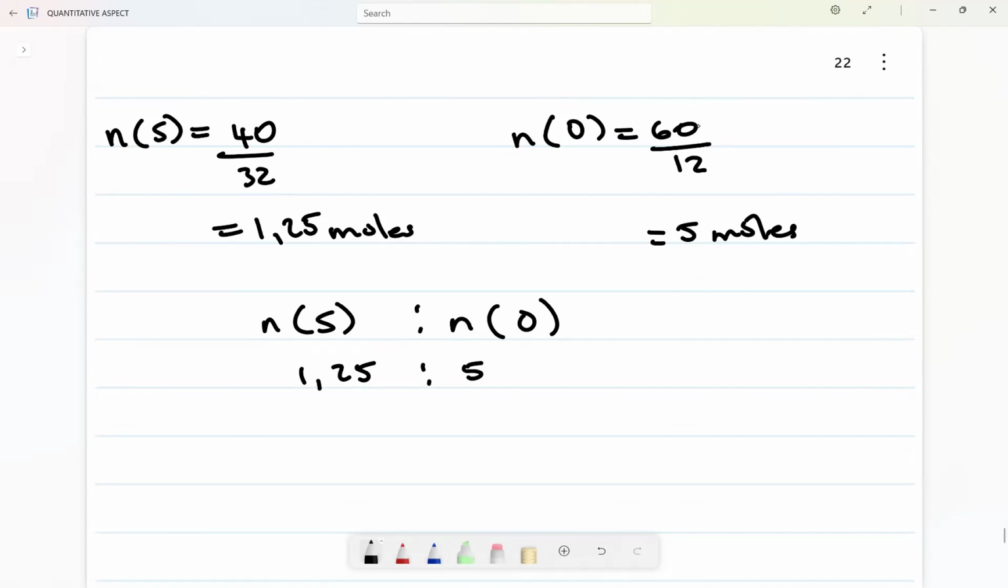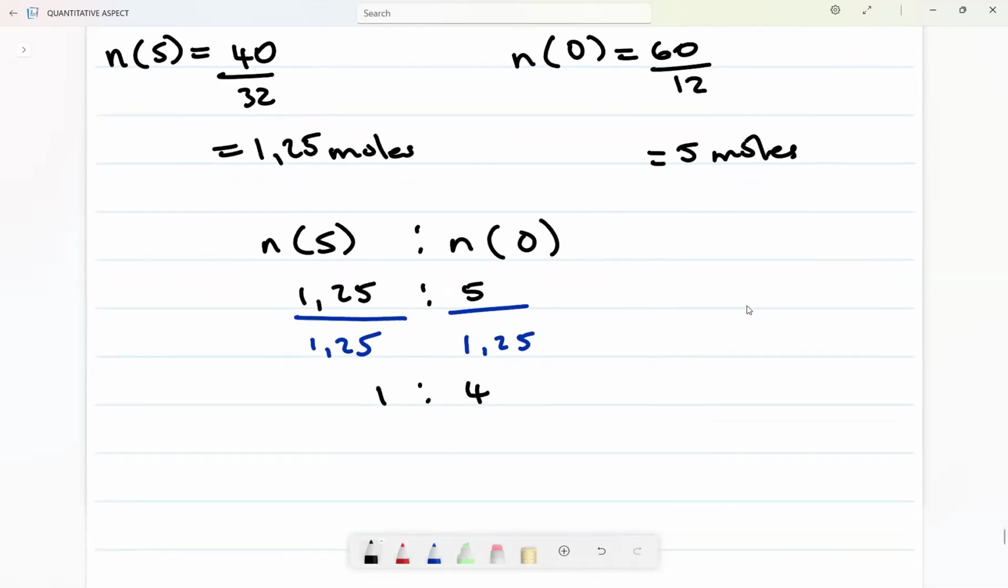And then remember, step one is to convert to mass. Step two is to find number of moles. Step three is to divide by the smallest number. The smallest number here is 1.25. Then I get 1 to 4.